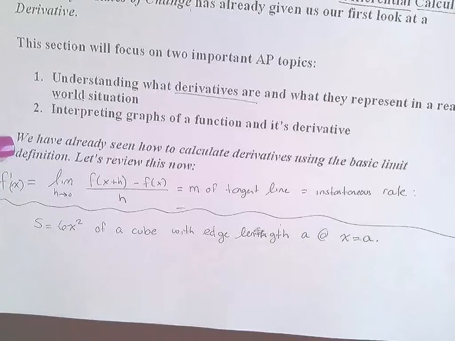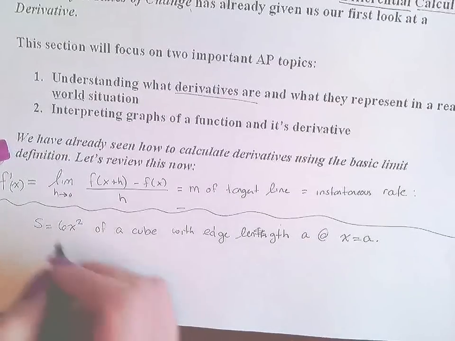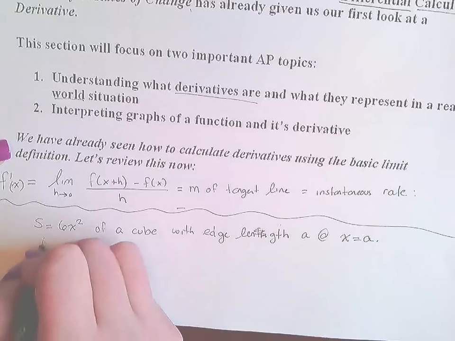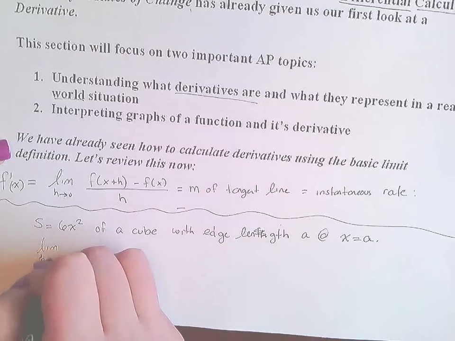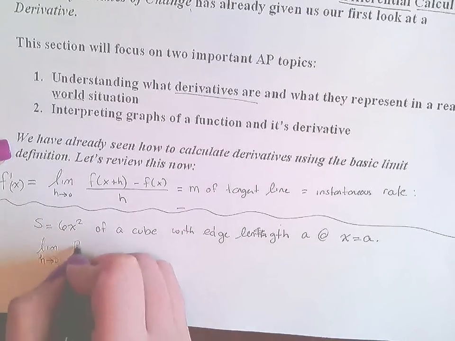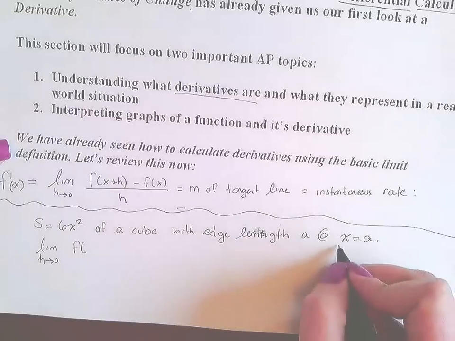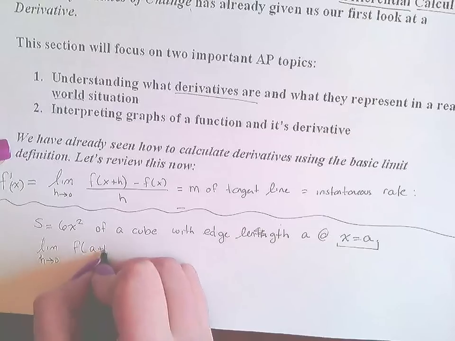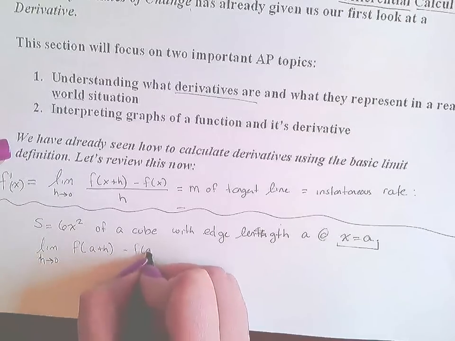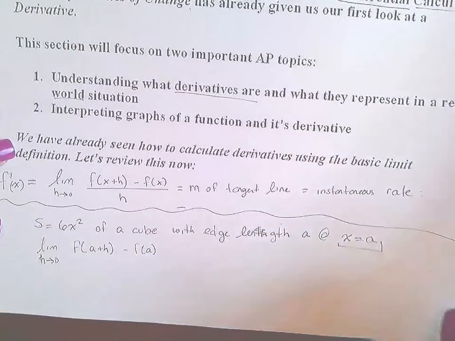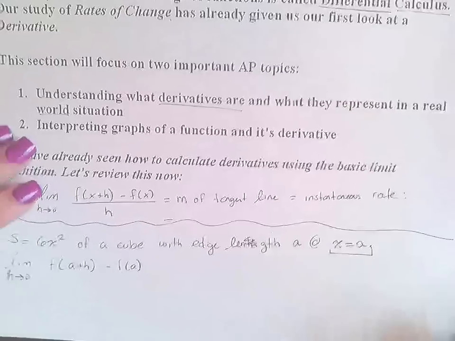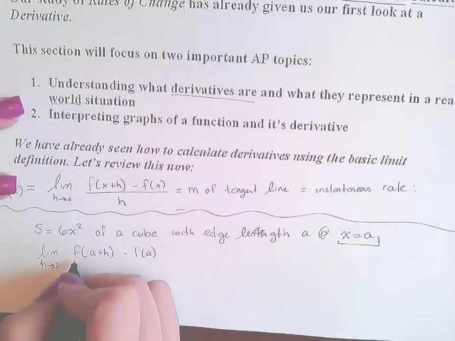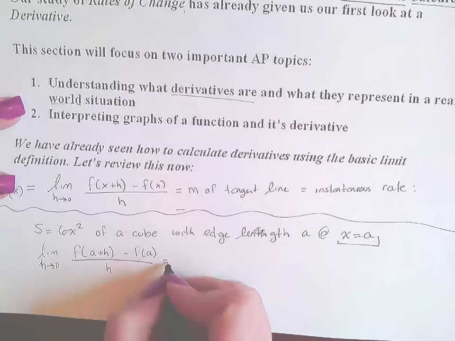So right now we're going to use the instantaneous rate. So the limit as h approaches 0 of f of, and what is our x in this case? Our x is a. f of a plus h minus f of a, all of that is over h.